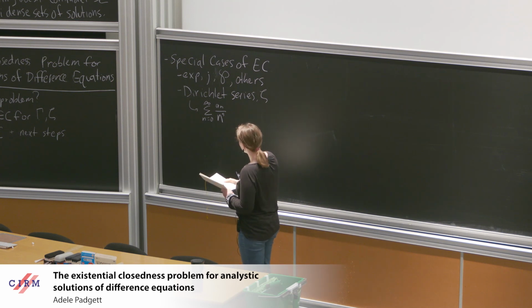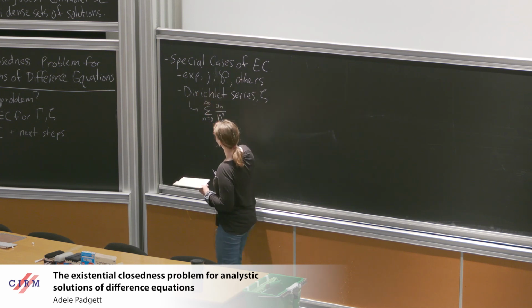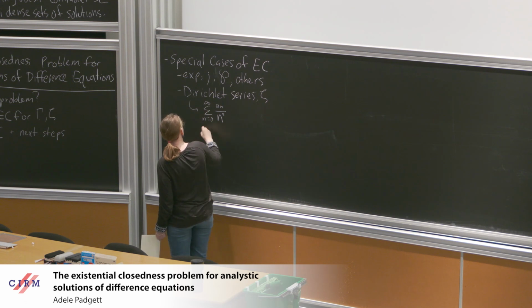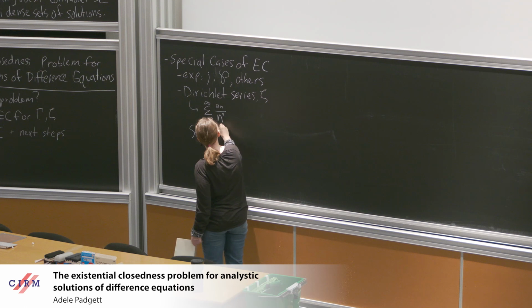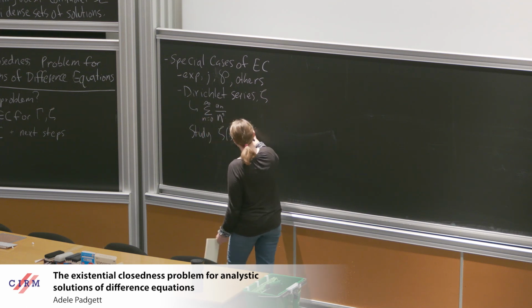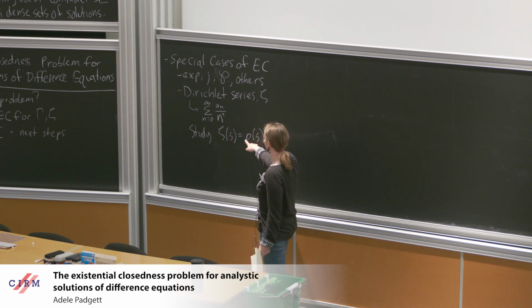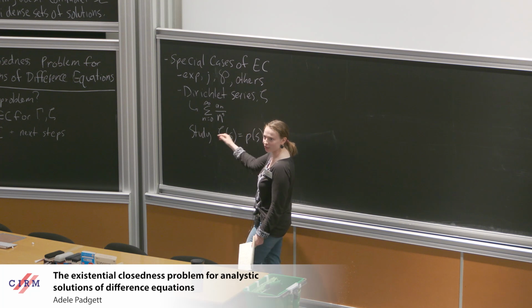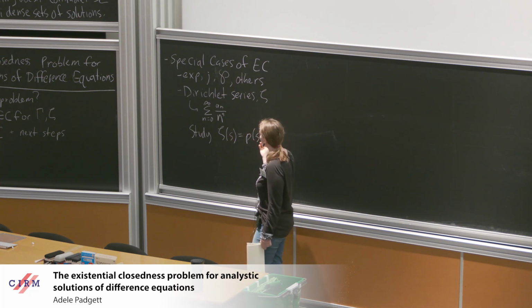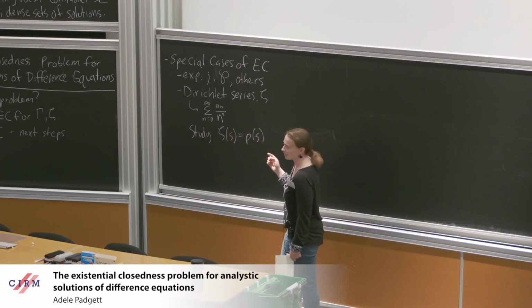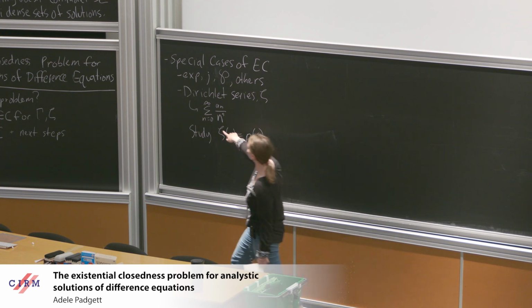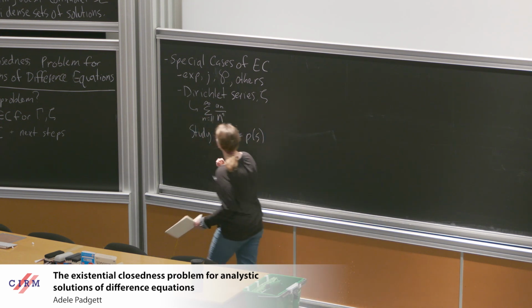And so the motivation for this was studying solutions of, for example, zeta of s equals a polynomial in s. Or specifically, when P of s is maybe just s, so you're studying fixed points of the zeta function.